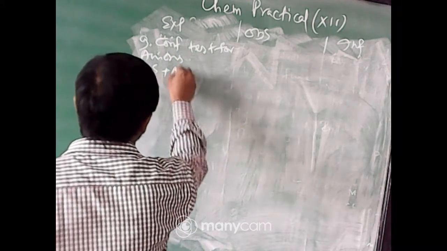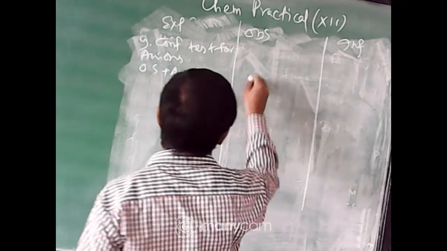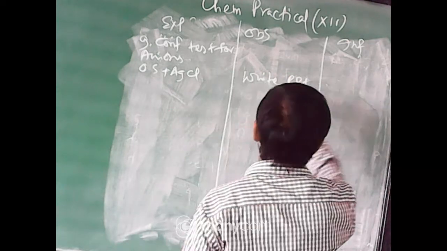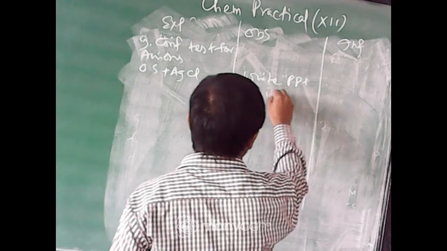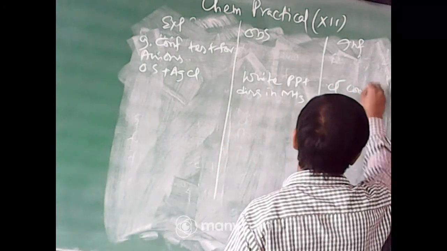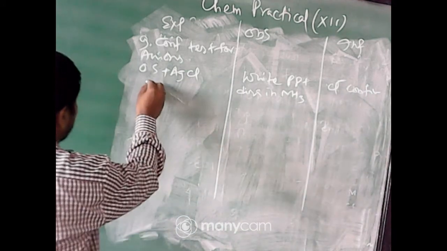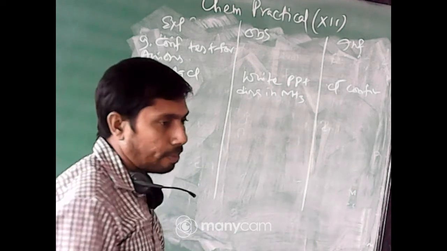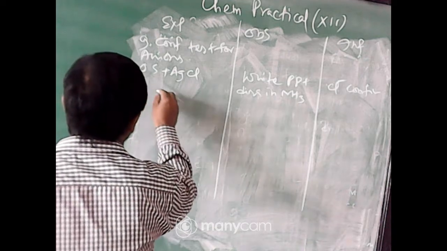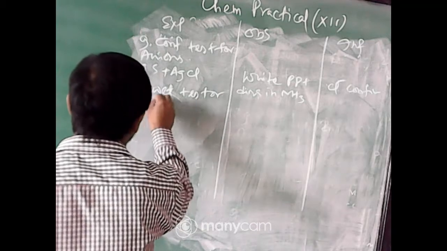OS plus AgNO3, and in the observation section, white PPT dissolves in ammonia, Cl minus confirmed. You need not write the next two, that is sulfate and nitrate, because the sulfate and nitrate tests are omitted since we have confirmed one of these. Next, number 10, that is the wet test for cation.